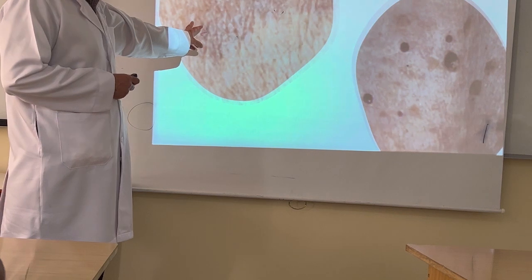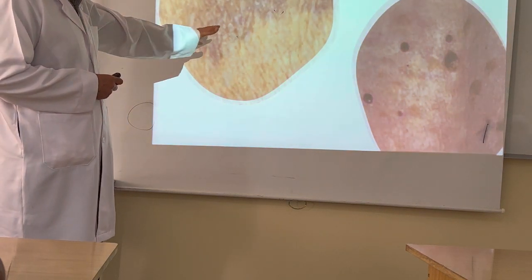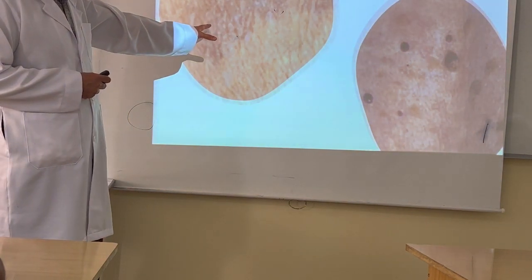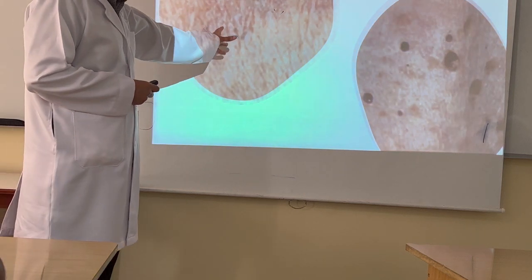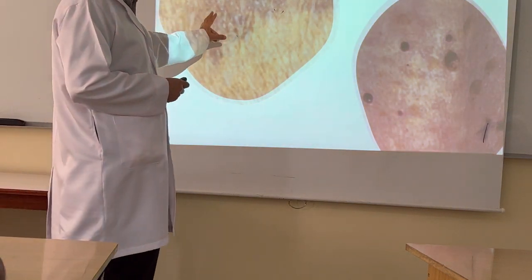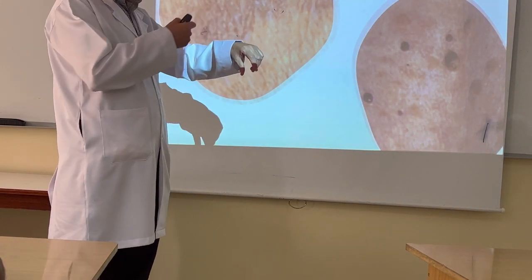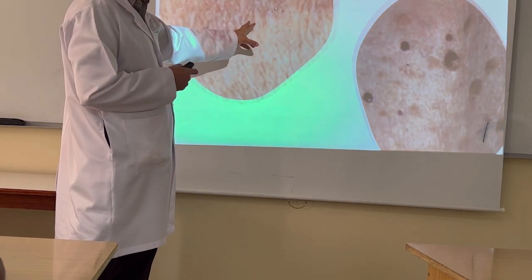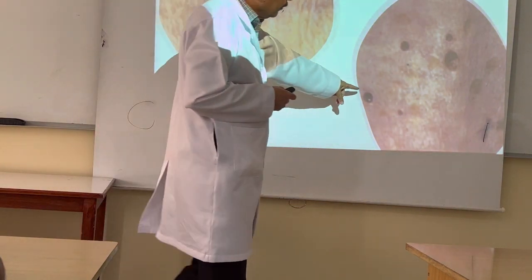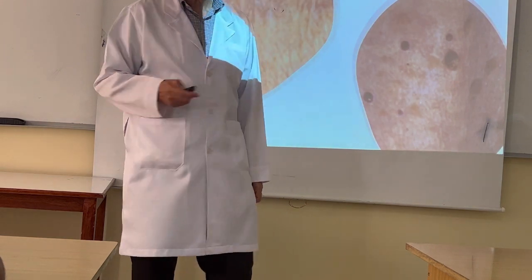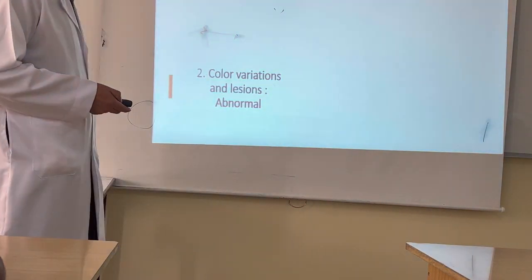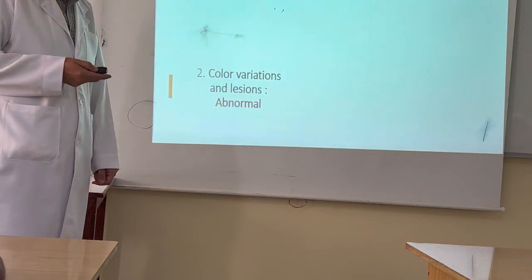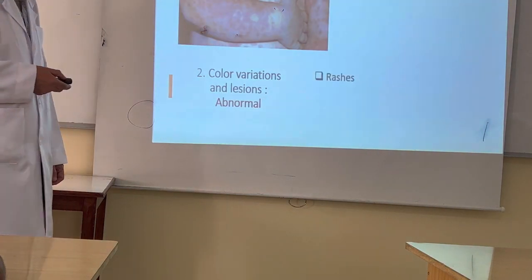See here, an allergy. Very rough skin is there. This is under a lens, so it is small. And here, see, there are some skin lesions. So some abnormalities, abnormal skin lesions.